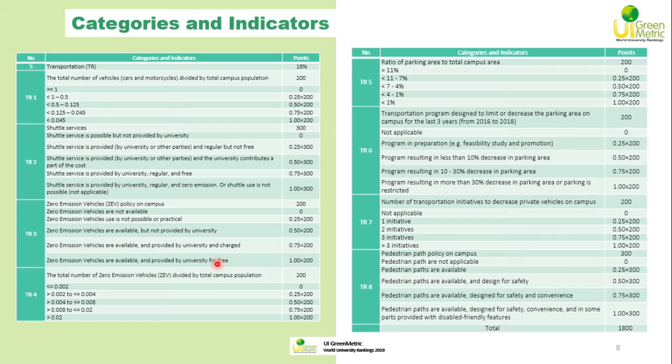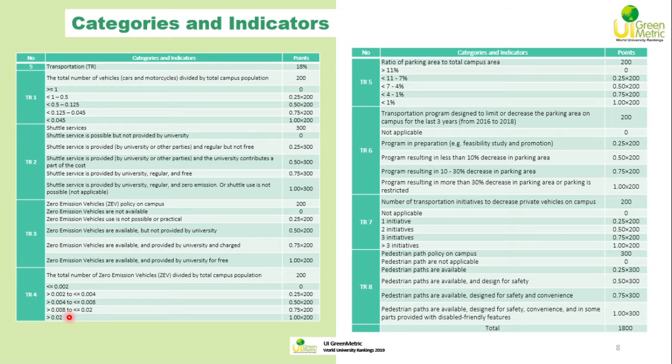And 2 is that the number of zero emission vehicles on your campus is 2 or more for every 100 population. That is criterion 4. 2 zero emission vehicles for every 100 or more of the population.